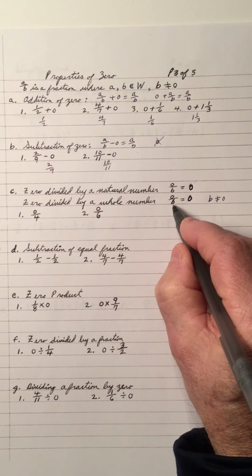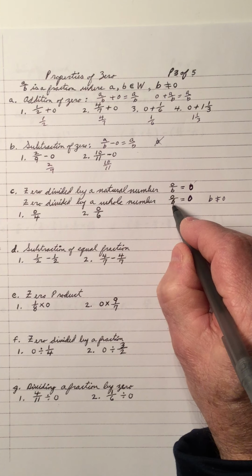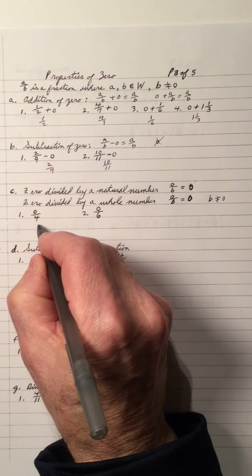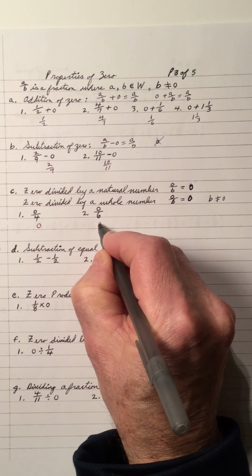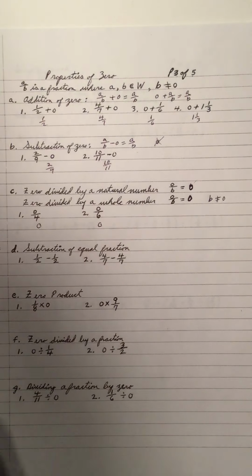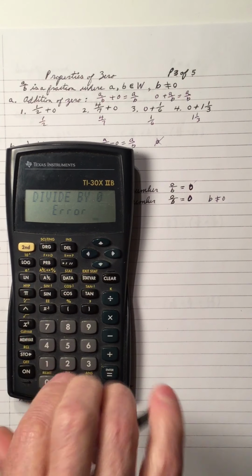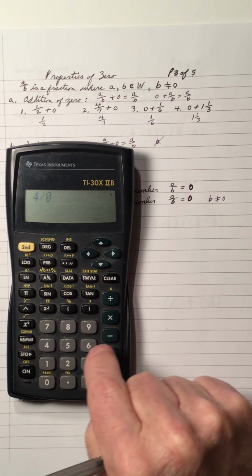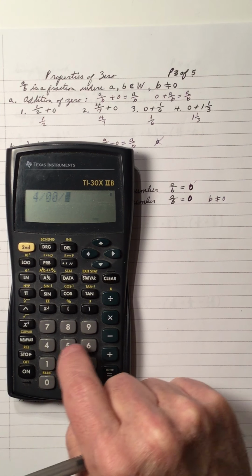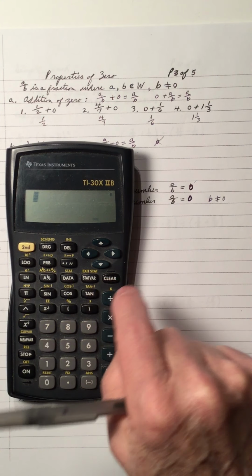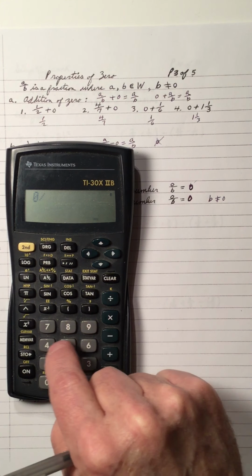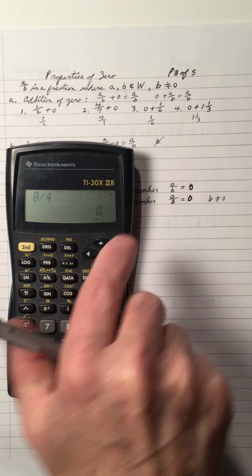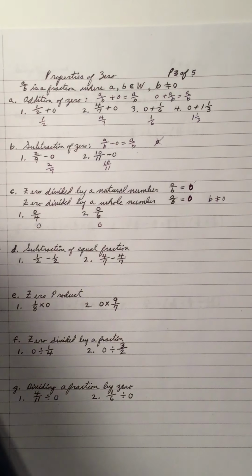So 0 over b is 0 only if b is not 0. 0 divided by 4 is 0. 0 divided by 6 is 0. Let's just check with the calculator for a second and see what we get. Let's clear this. So 0 divided by 4 gives you a 0. Just checking with the calculator to make sure.